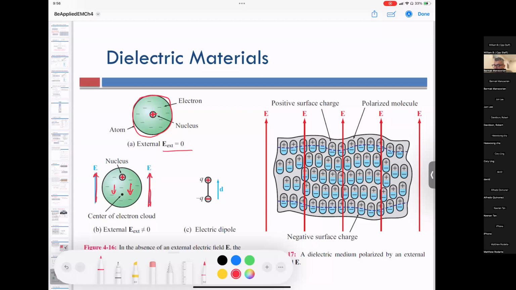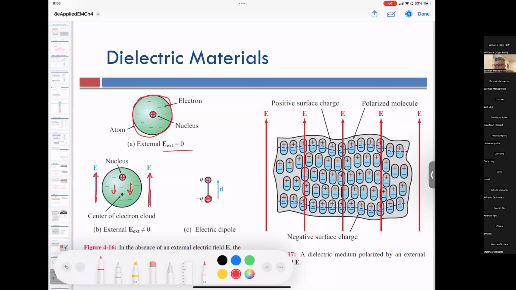So generally the nucleus isn't going to be centered in that electron cloud. And if you think of the center of the cloud as having this minus charge, effectively you end up with what's called a dipole.